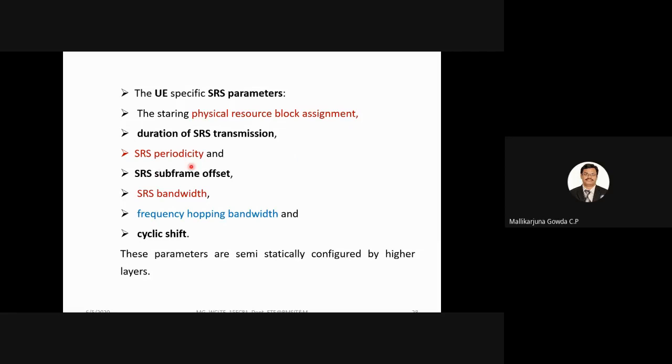Then SRS periodicity, SRS subframe offset, SRS bandwidth, the frequency hopping bandwidth, and cyclic shift. These are the different user equipment specific SRS parameters, and these parameters are semi-statically configured by the higher layers.